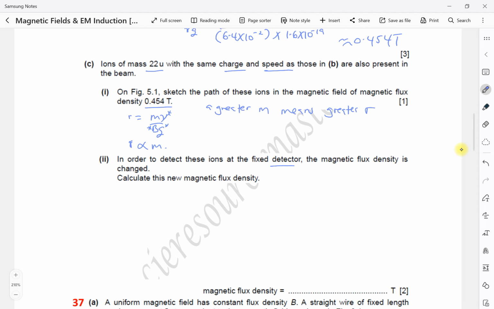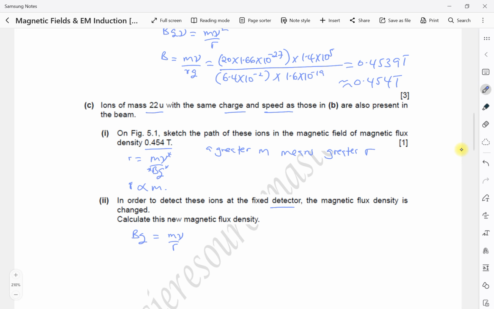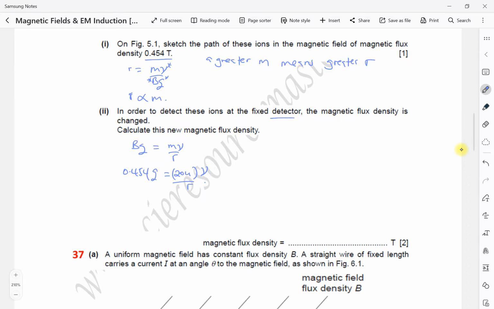So from the previous part, BQ is mv over R. Initially, we had B is 0.454 times the charge Q. The mass was 20 times U. The speed was V, and the radius was R.